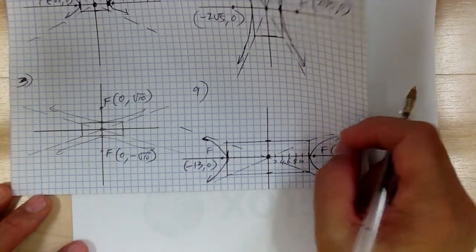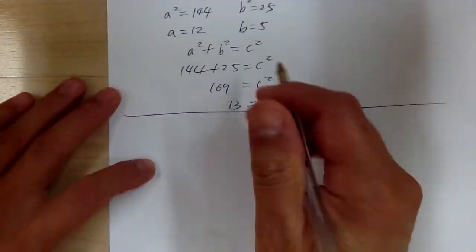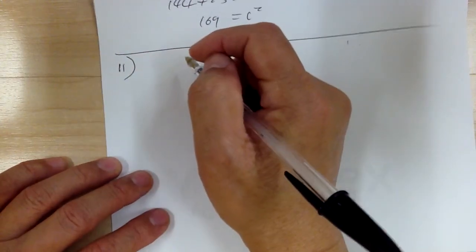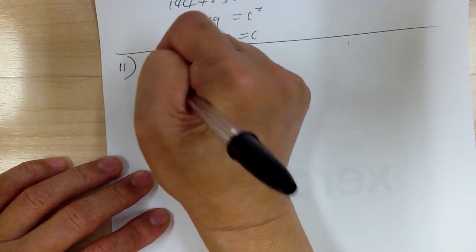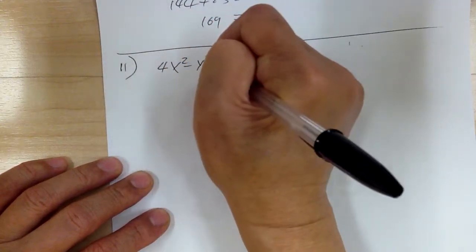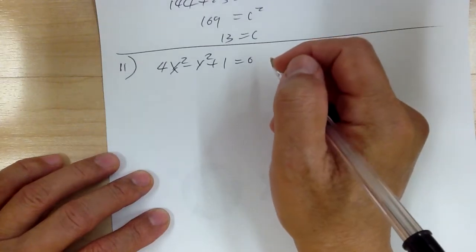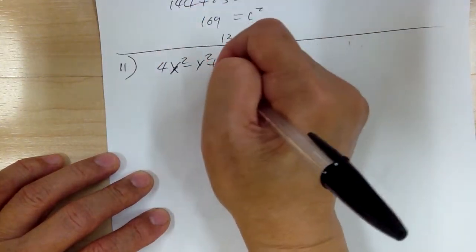Okay, let's go to 11. Okay, number 11, you have 4x squared minus y squared plus 1 equal to 0. And from here, you need to move this over.